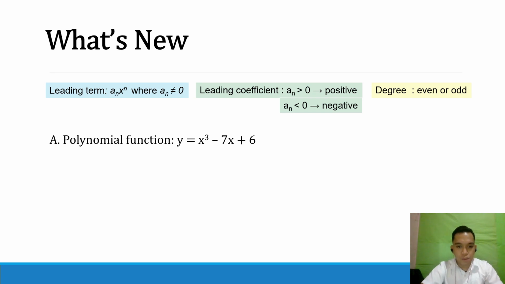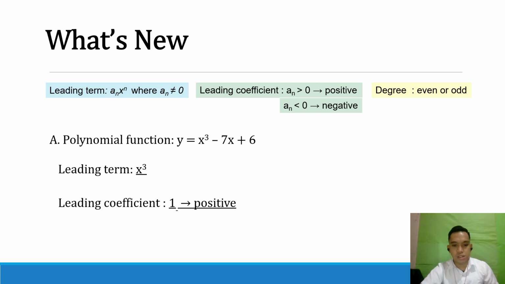So we have a polynomial function y equals x cubed minus 7x plus 6. Let's identify the leading term, which is x cubed. Then the leading coefficient is 1, which is positive. Then the degree is 3, which is odd. Therefore, the leading coefficient here is positive and the degree is odd.